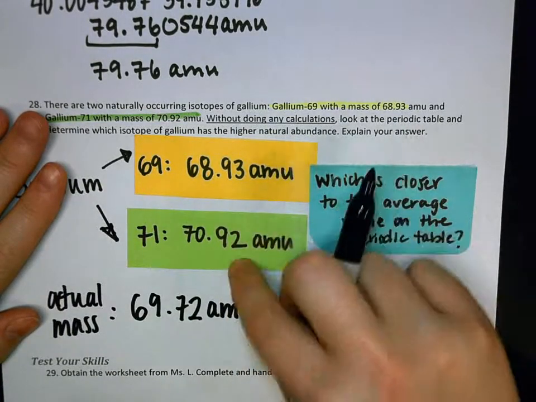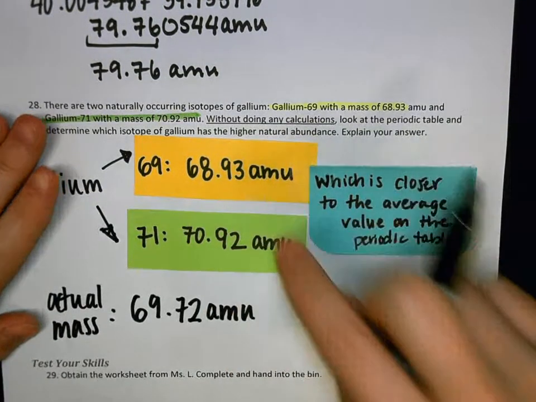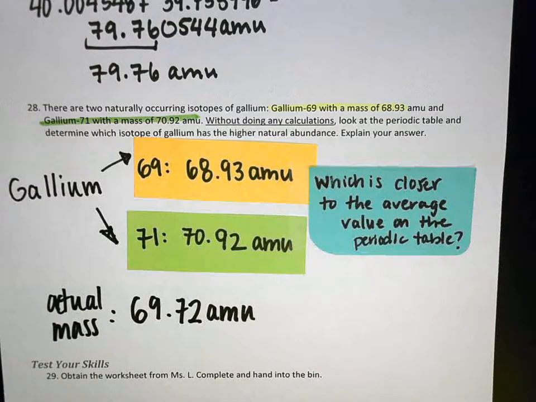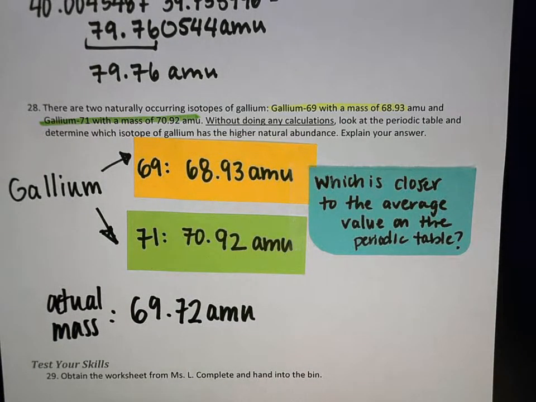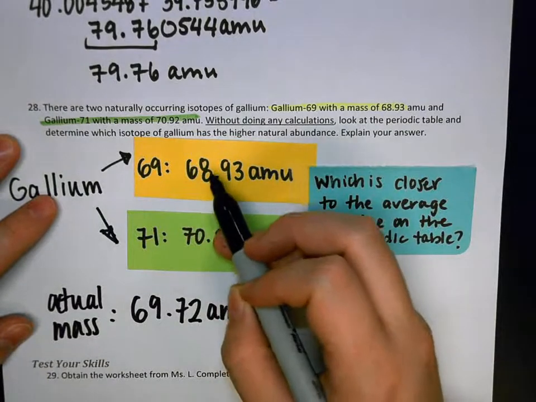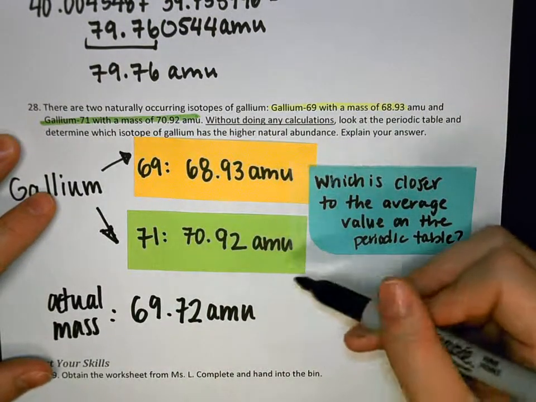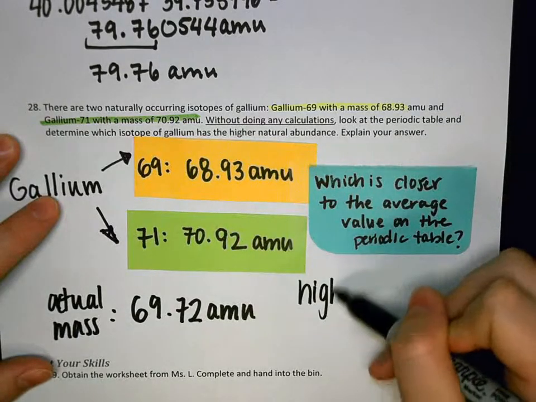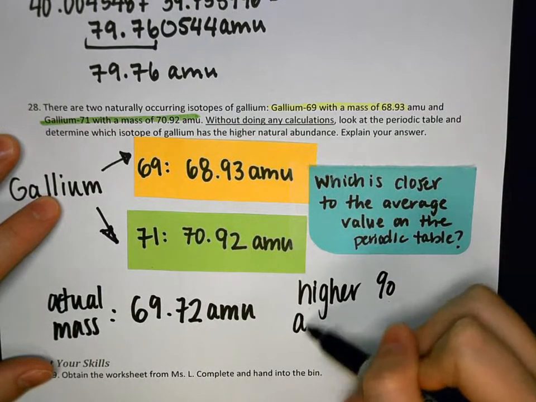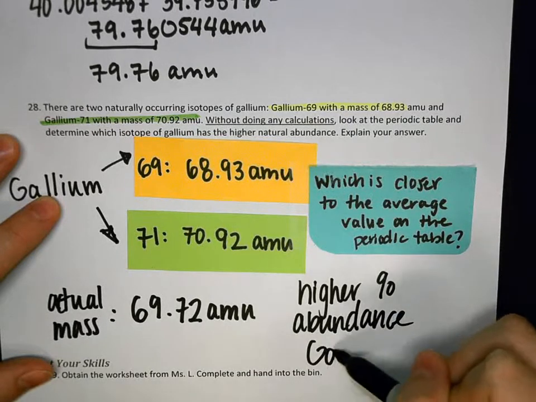So whichever one of these two numbers is closer to my weighted average, that must be the one that is most common. So in this case, we see that the gallium-69 mass is closer to the actual mass. So the one with the higher abundance is going to be the gallium-69.